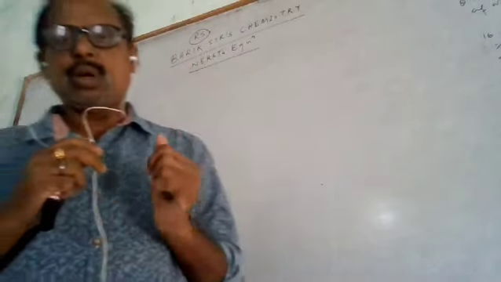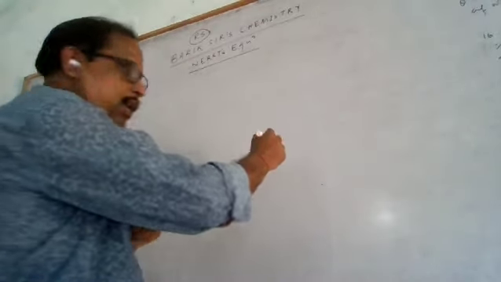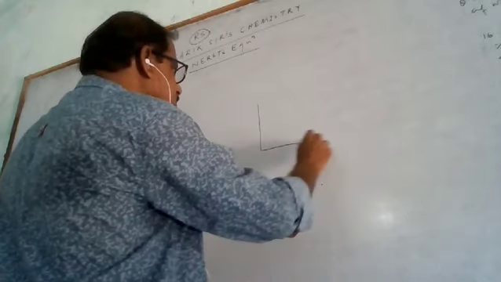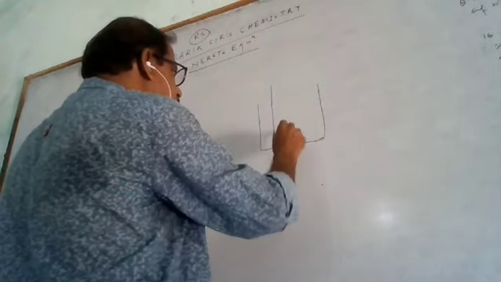So what does normal mean? What does standard electrode potential mean? Suppose this is an electrolytic cell where the electrode is dipped inside it.